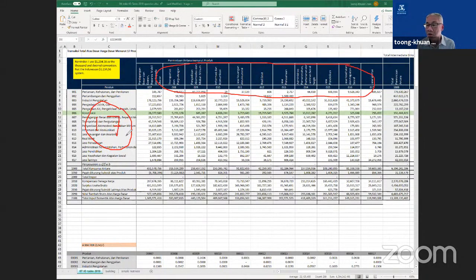It shows you the flow of goods and services from the 17 on the left to the 17 on the right. So that box is called quadrant 1. That is industry to industry flow.